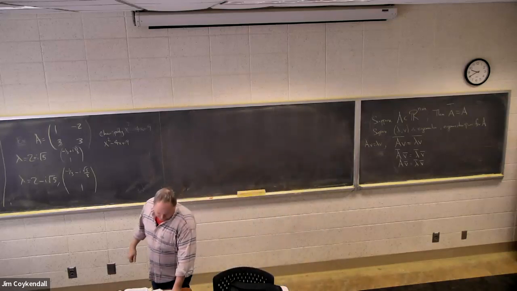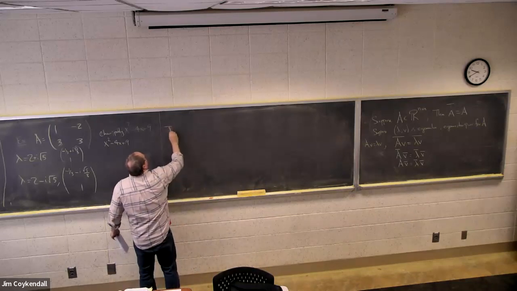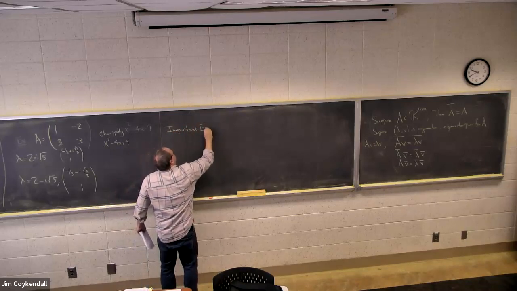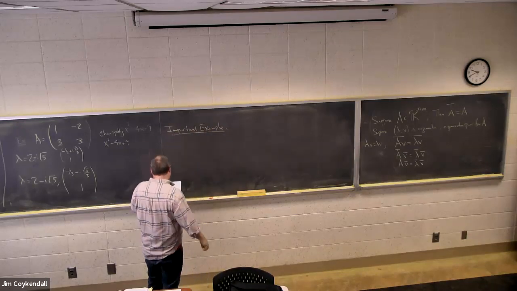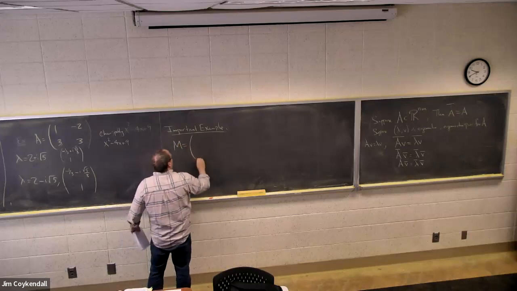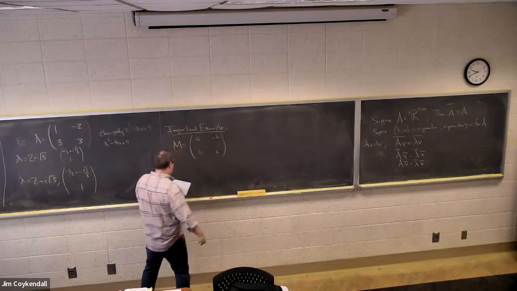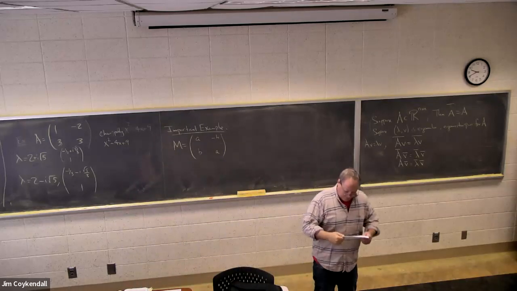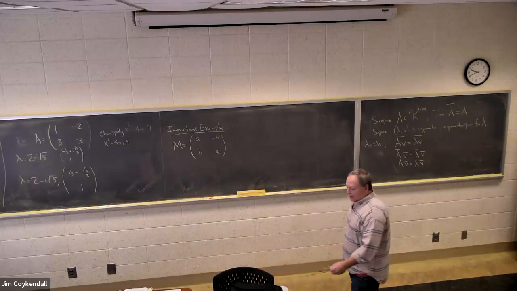So suppose I have a matrix of this form. I'm going to call this an important example. Suppose that we have this, and this is really most interesting when b is not zero.